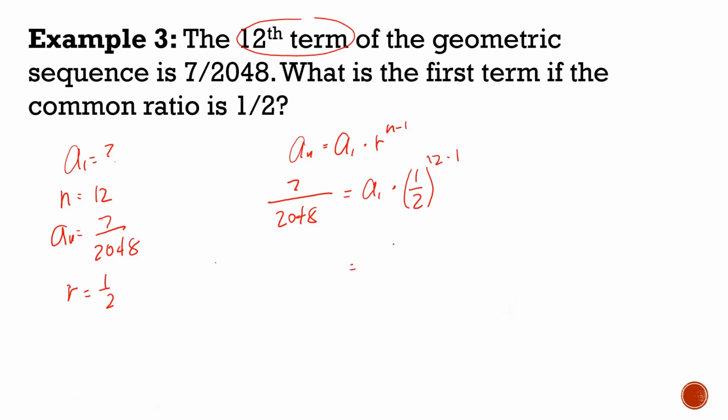So this is a1 times 1/2 raised to 11. So 1 raised to 11 is 1, and 1 times a1 is a1 over 2 raised to 11. What is that? 2 raised to 11 is equal to 2048.